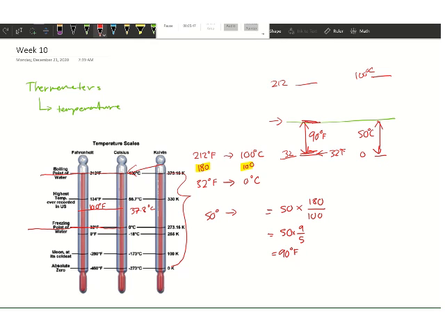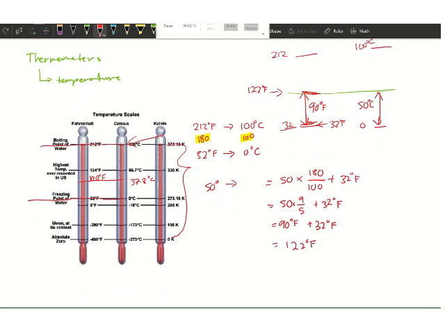So we need to add 32 degrees Fahrenheit, and this gives us exactly the value for this, which is 122 Fahrenheit. So that's how you do it.